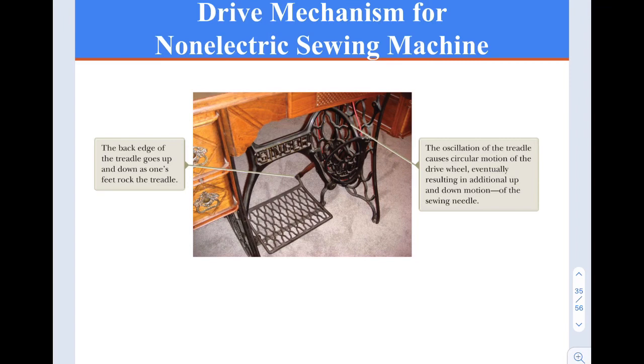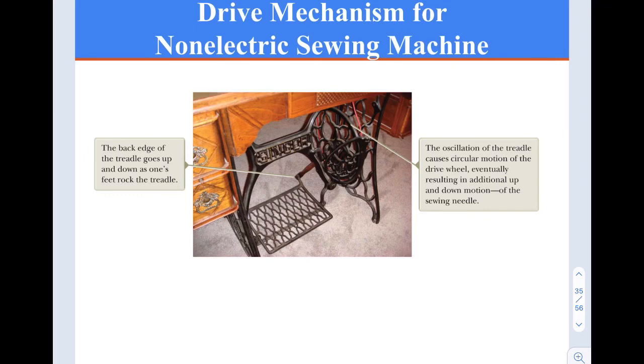Okay, now let's proceed to the drive mechanism for the non-electric sewing machine. This is about how vibration can be related to circular motion, in subtopic 15.4.